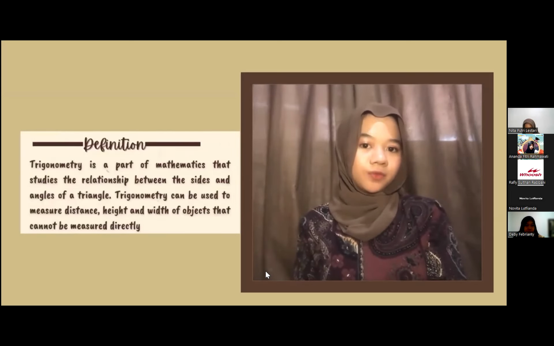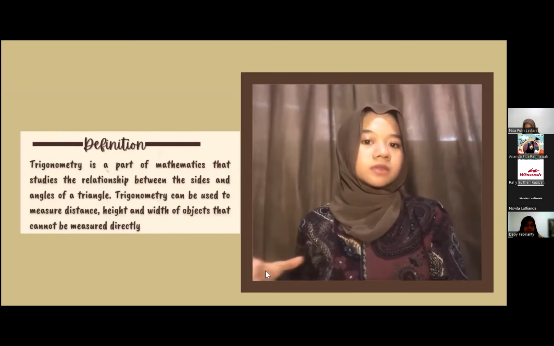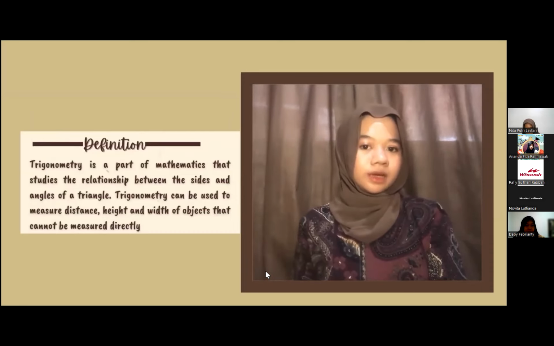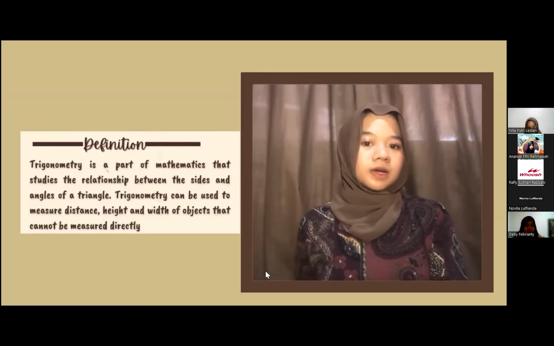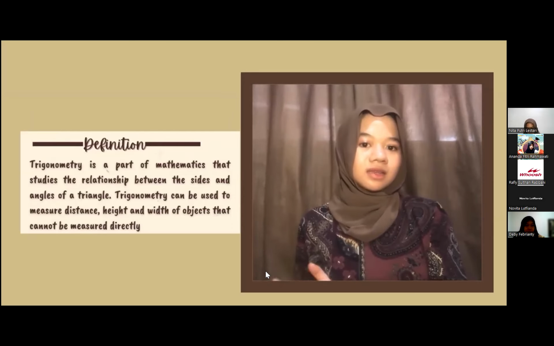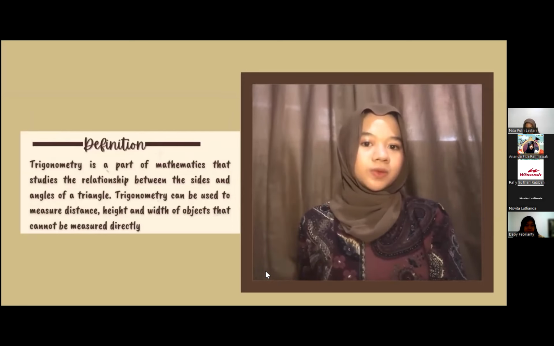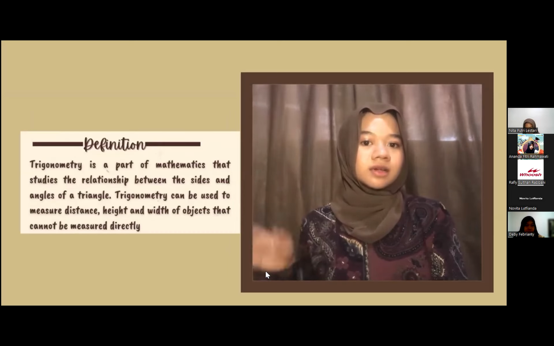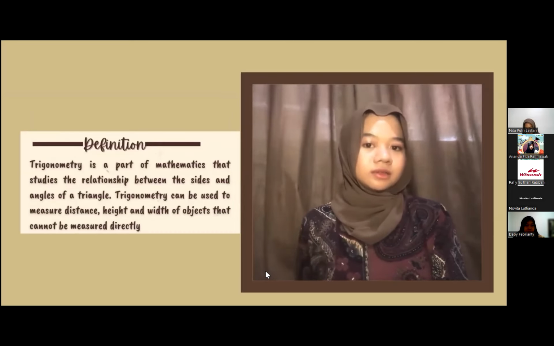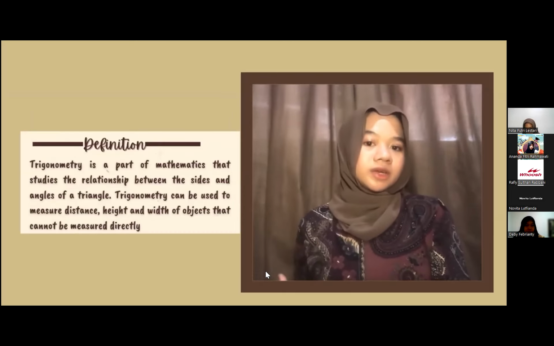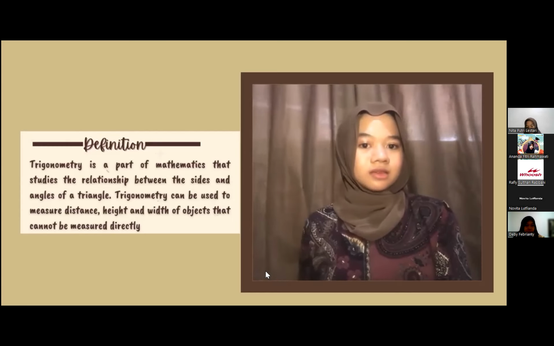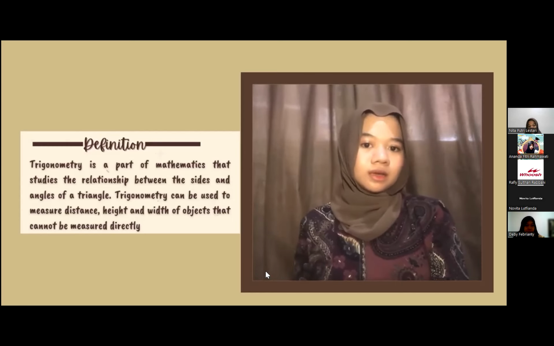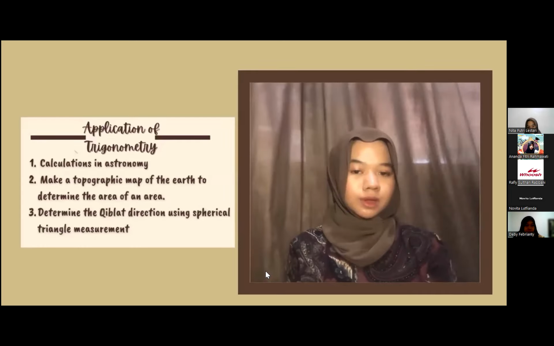Next, here is the meaning of trigonometry and the purpose of studying trigonometry. Trigonometry is a part of mathematics that studies the relationship between the sides and angles of a triangle. Trigonometry can be used to measure distance, height, and width of objects that cannot be measured directly.